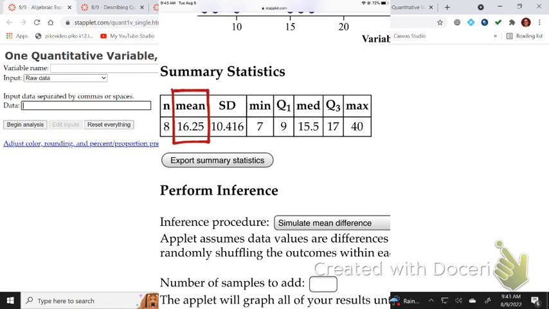What's my new standard deviation? 10.416. And my new median? 15.5. I want you guys to copy those down for number 6. New mean, new standard deviation, new median.